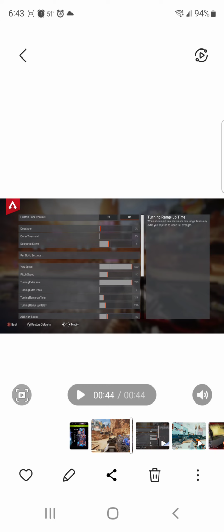One of the reasons why I'm concerned about posting this and making sure that this information is available is because if you see somebody's ALC settings, you might say, well, how did they get that number? How did they get a 2 on their dead zone or their outer threshold when if I click from 0, it jumps from 0 to 3?